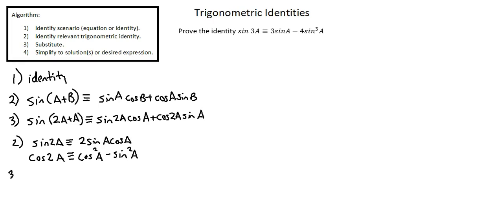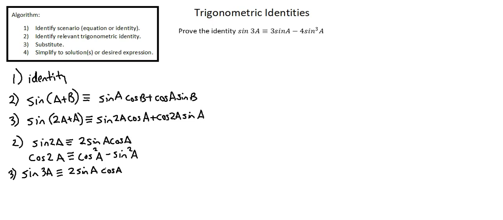And again, step 3, substitute. And on the left side, we will go back to sine of 3a is an identity with. Now on the right side, sine 2a, we're going to replace with 2 sine a cosine a.